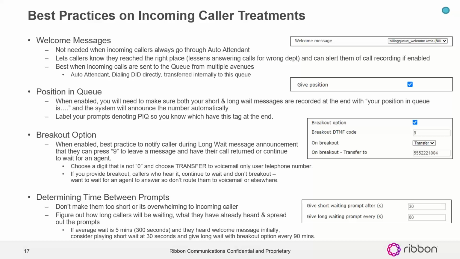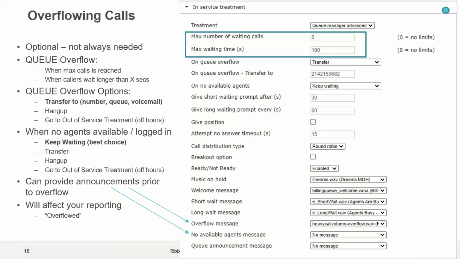And if you map this out, if you're going to overflow right after a certain amount of time, think about what prompts they've just heard, and make sure that you think it through. You don't want to have the prompt and then you route them over to something. You want to give them some time between there.